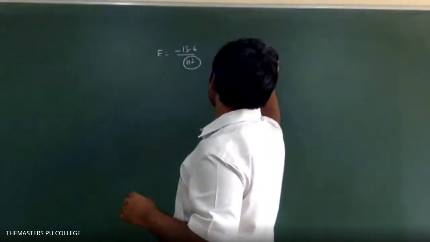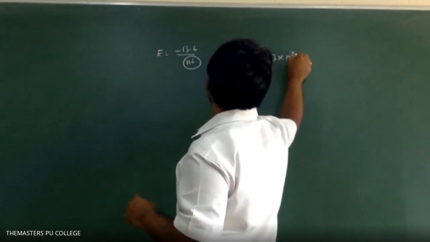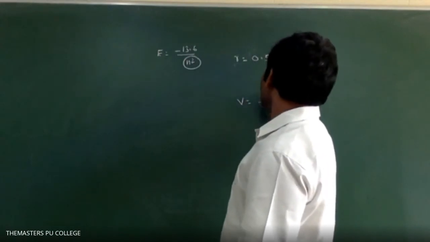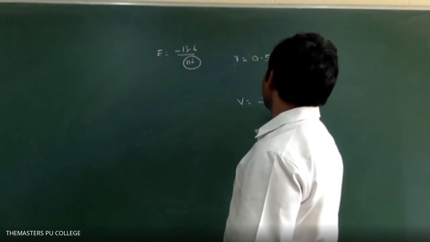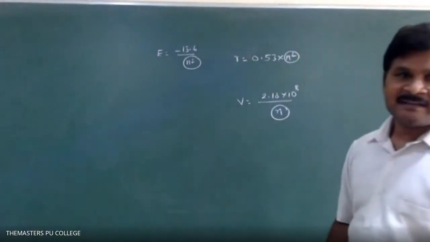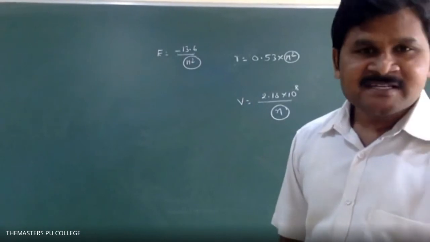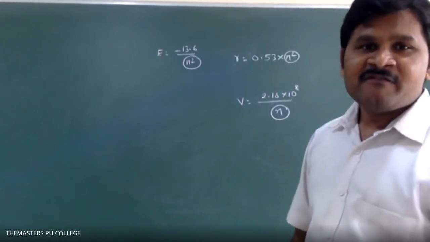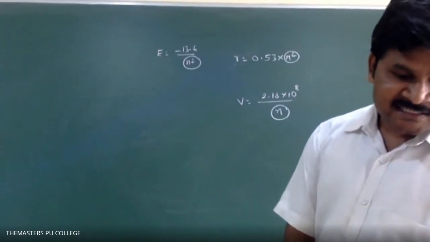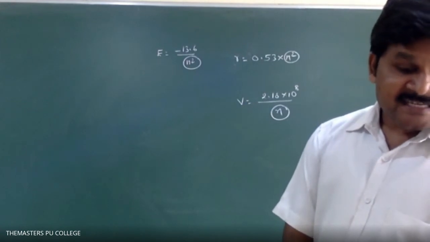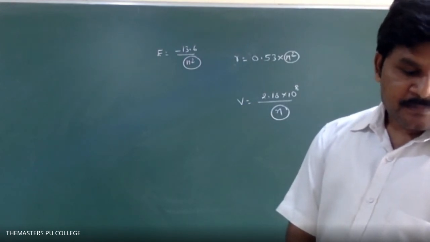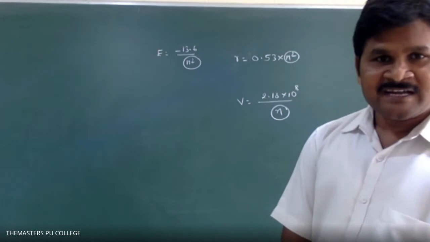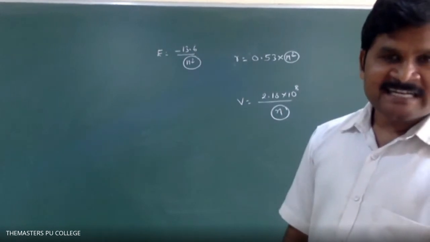R is equal to 0.53 into n square, directly proportional. V is equal to 2.18 into 10 power 8 divided by n, inversely proportional to n. In list B, where do we have n in inverse proportion? The first case, 2 pi Z square by nh. So for 2, the correct match is A.